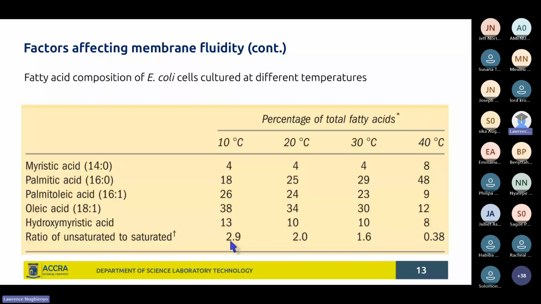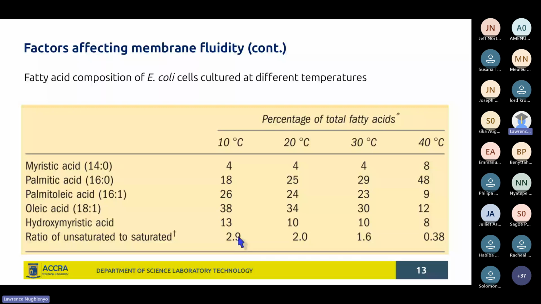In other words, you have a high amount of unsaturated fatty acids when the bacteria was cultured at 10 degrees Celsius. Why that? Unsaturated fatty acids, if you have more of them in biomembrane, what does it mean? It means that the biomembrane should be more fluid. And you see, that is to compensate for the low temperature of 10 degrees Celsius.